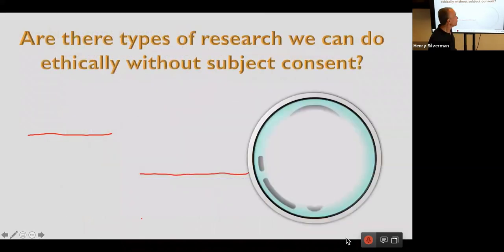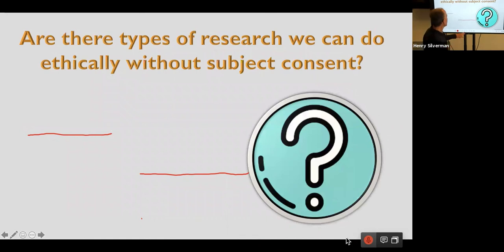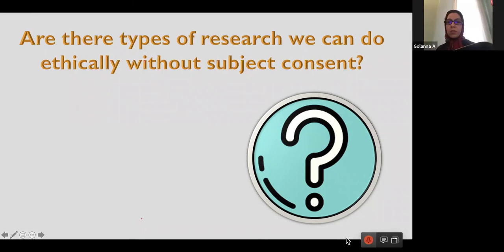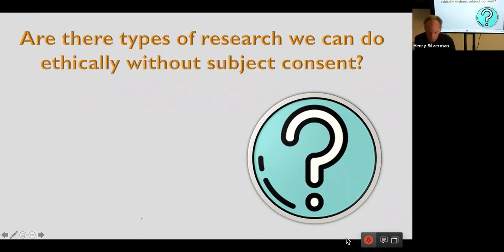Okay, so are there types of research that we could ethically do without subject consent and without surrogate consent as well? What do you think? What type of research? Emergency ones. Okay, emergency ones.